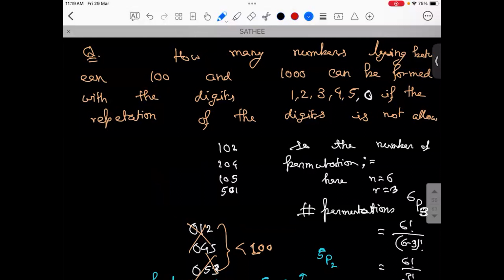Now if I just say that repetition is not allowed, and I have given one extra digit like 1 here, like 1 I have given twice for this case. So even though repetition is not allowed, 1 is appearing twice, so for 1 I am getting 2 factorial times extra cases. So that I need to eliminate, even though repetition is not allowed.